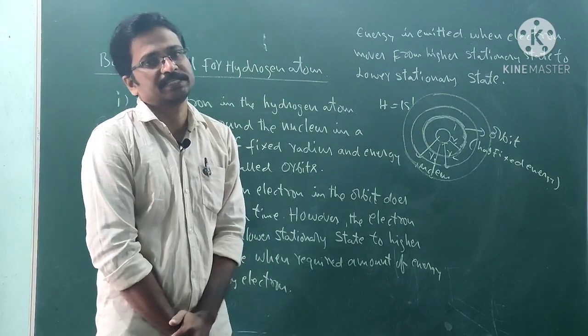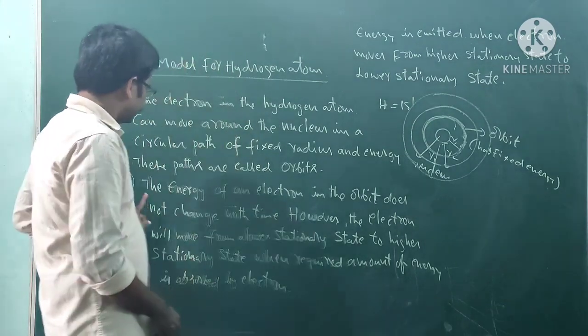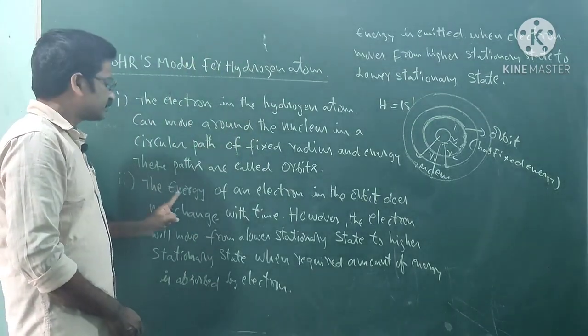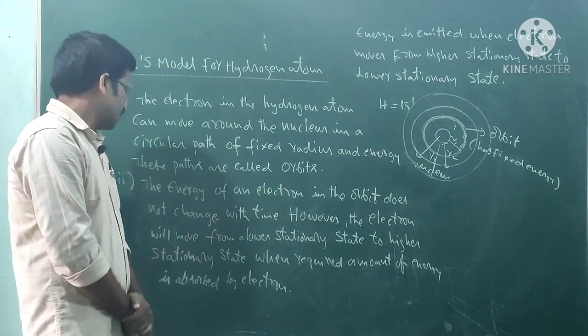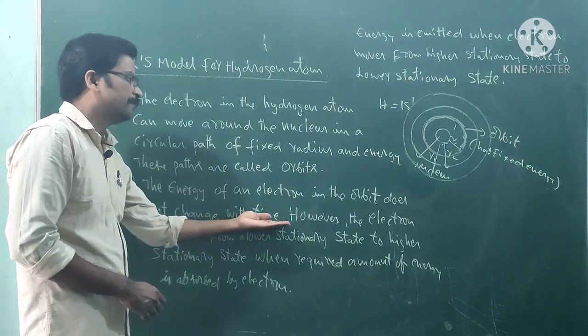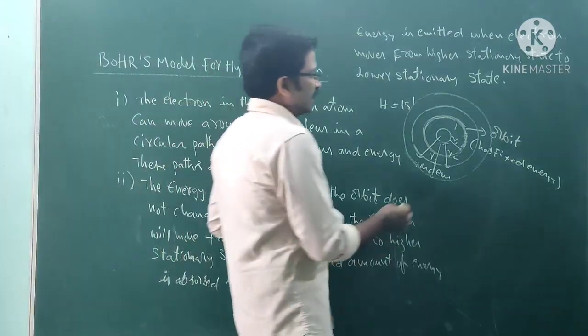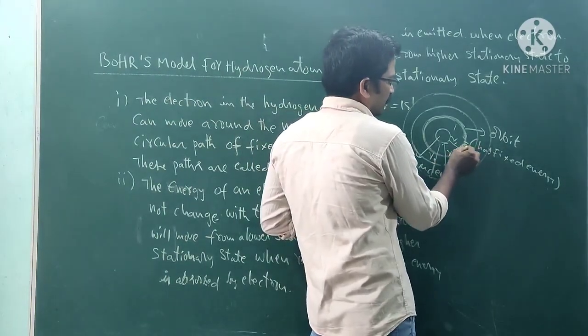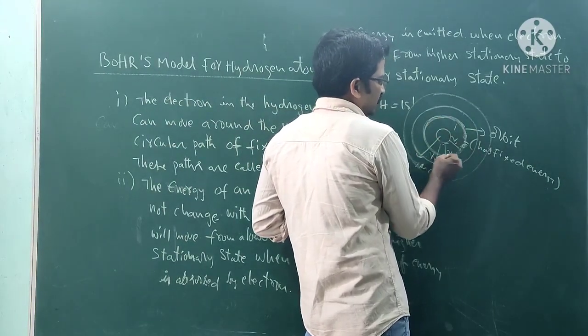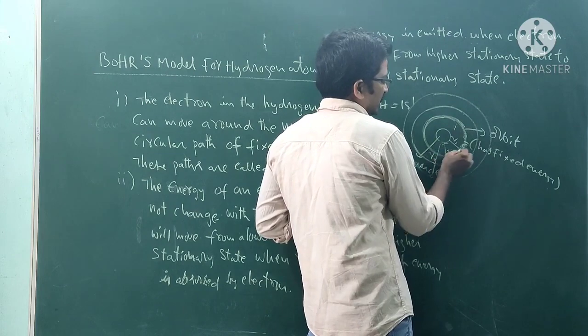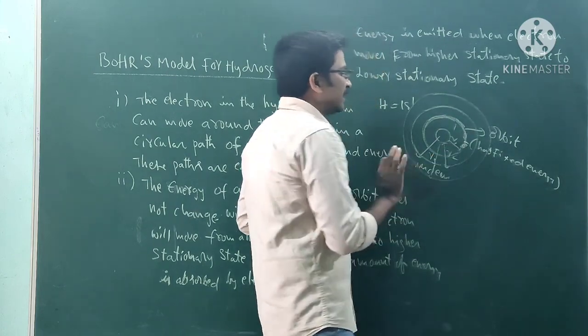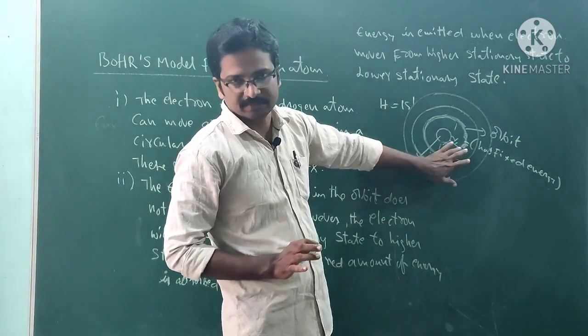What does this point say? Second point: the energy of an electron in an orbit does not change with time. Let us take an electron revolving around the nucleus like this. The energy of the electron does not change.